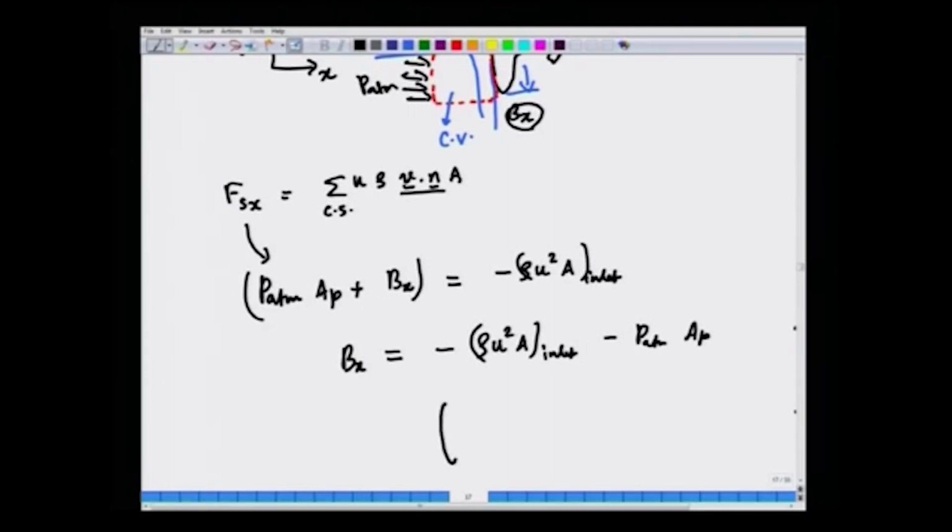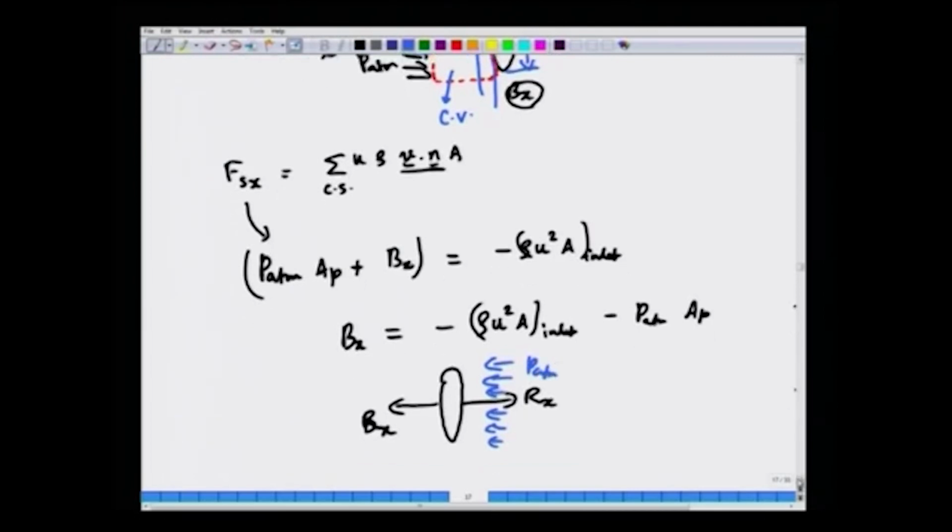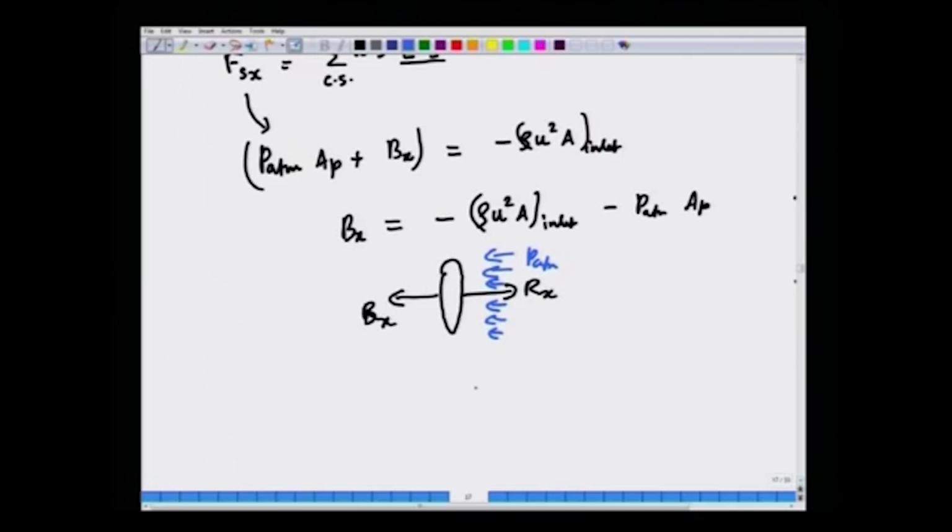Now, we do a free body diagram on the plate. The force exerted by your hand on the plate is Rx, the force exerted by the plate on the fluid is Bx, but there is also a uniform atmospheric pressure acting on the plate from the right side.